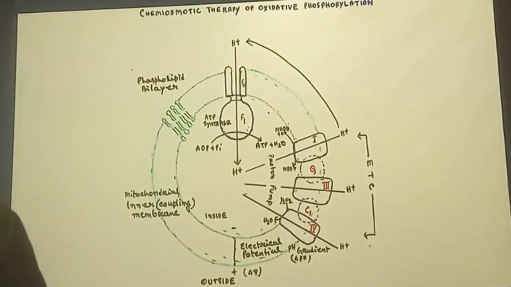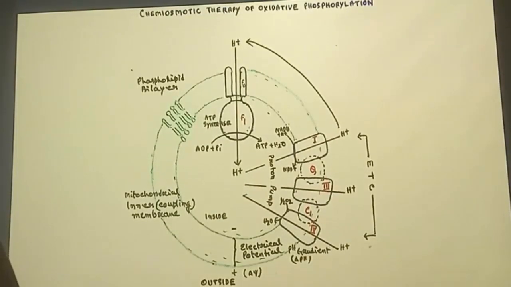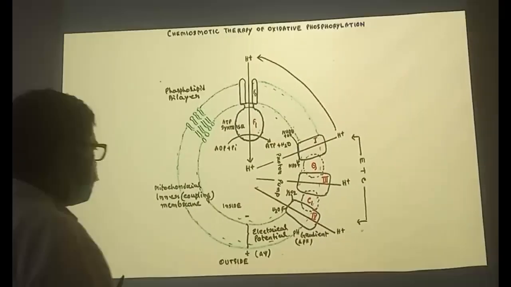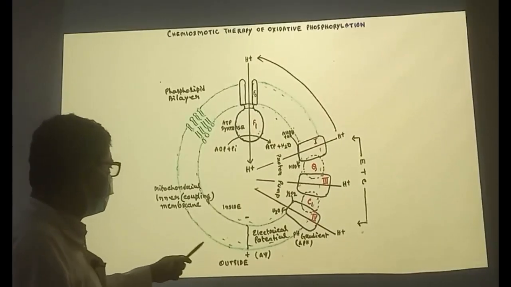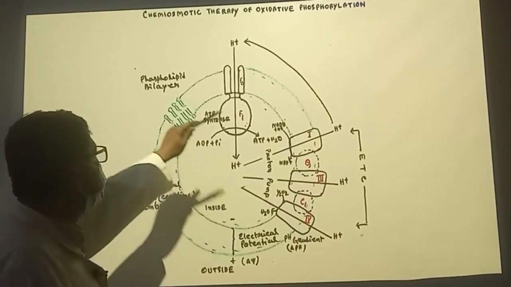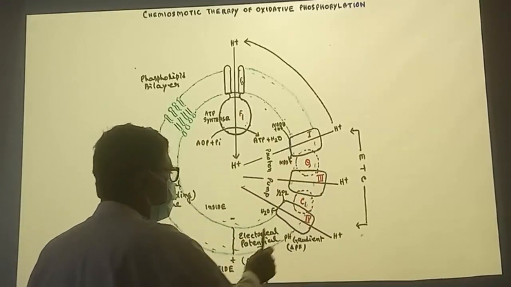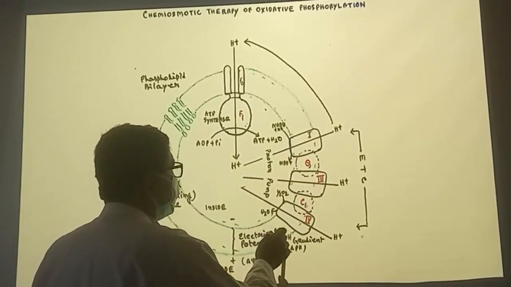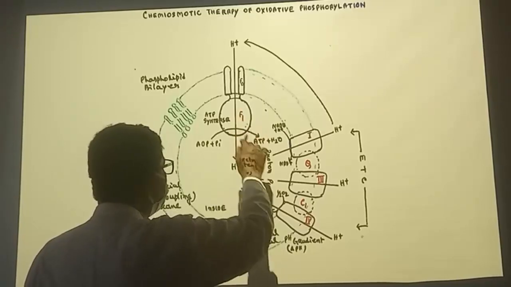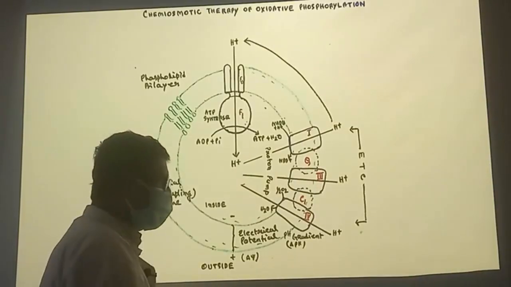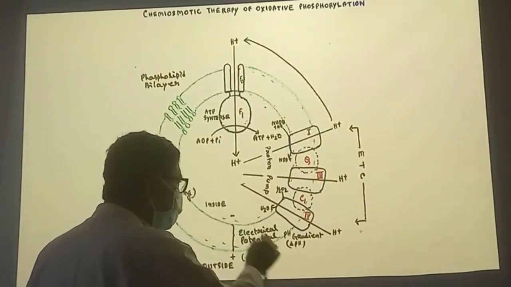But the main supply of energy is produced as a result of mitochondrial oxidative phosphorylation. So here is the mechanism, as I have already discussed. When an electron is passing through, this is the mitochondrial structure. There is the electron transport chain arranged in the inner membrane, and whenever there is passage of electrons through the components, a proton is pumped out.